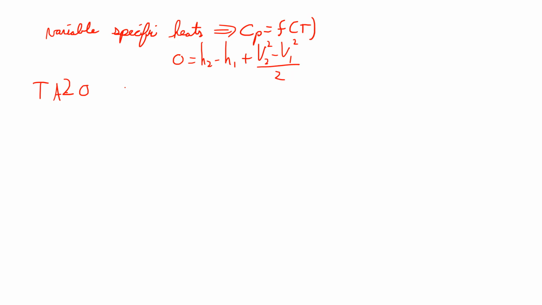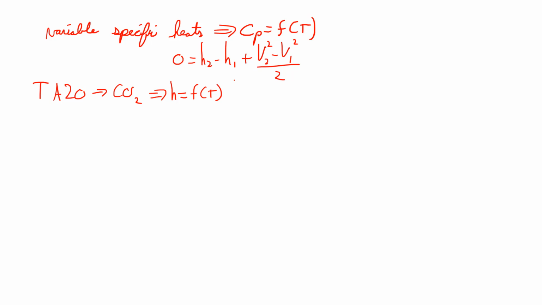Table A20 is the ideal gas table for carbon dioxide. And if you remember, for ideal gas tables, it shows that enthalpy is a function of temperature only.